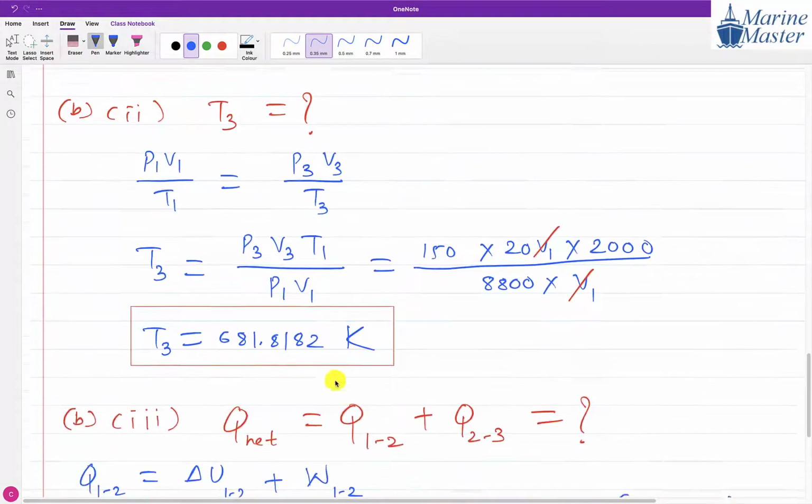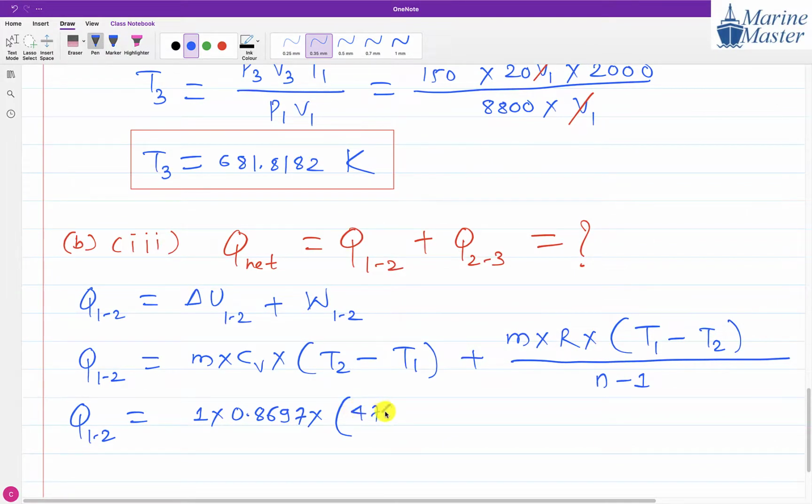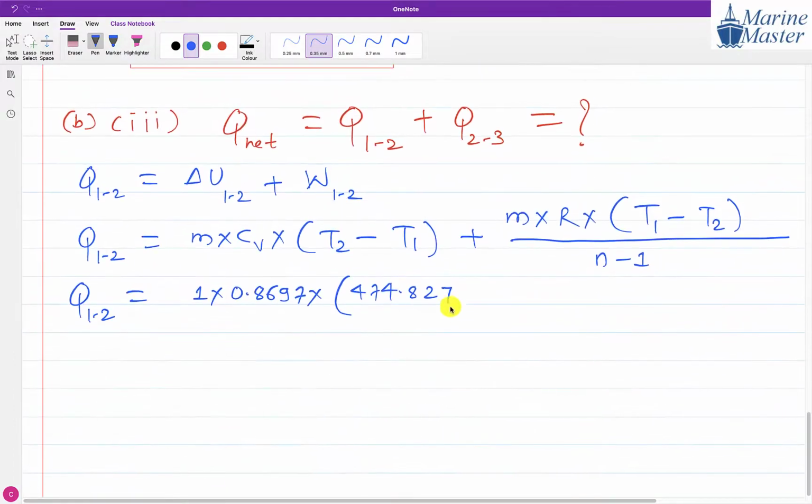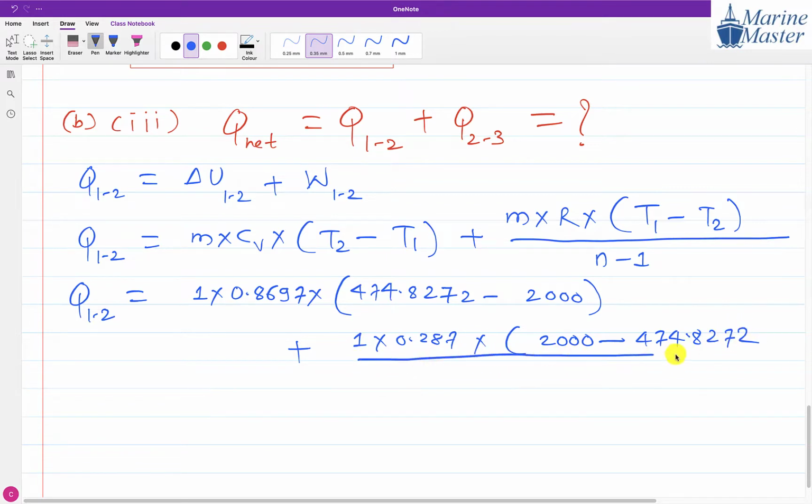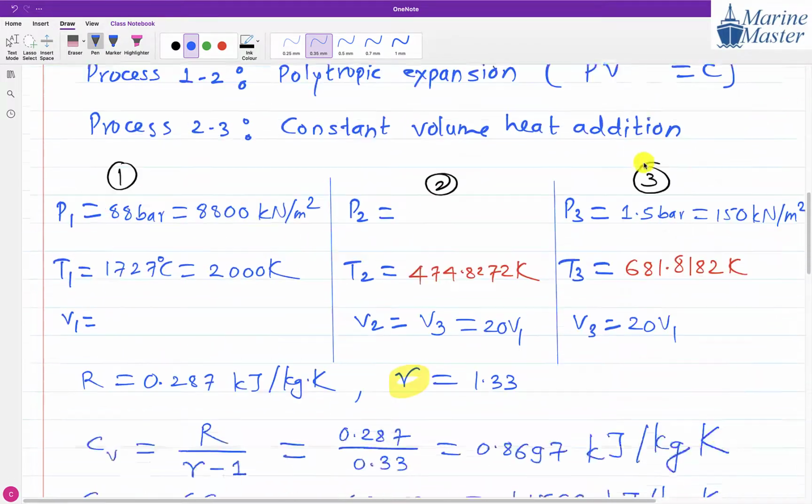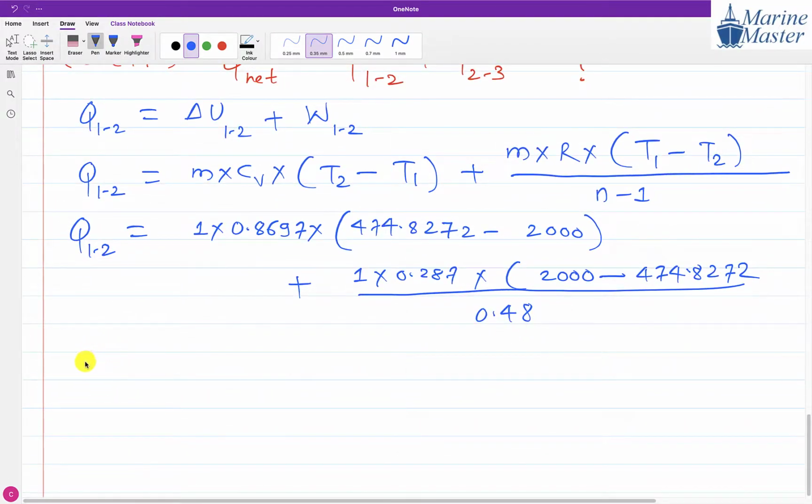T2 we calculated as 474.8272, minus T1, which is 2000 Kelvin, plus m is 1 kg, R is 0.287, into (T1 2000 minus T2 474.8272), divided by n minus 1. N is 1.48, so n minus 1 is 0.48. Please do the calculation and try to get the value of Q1 to 2.